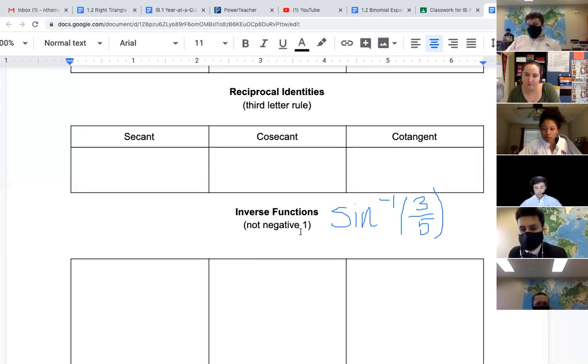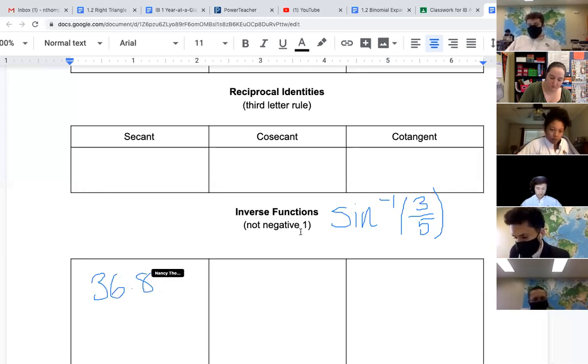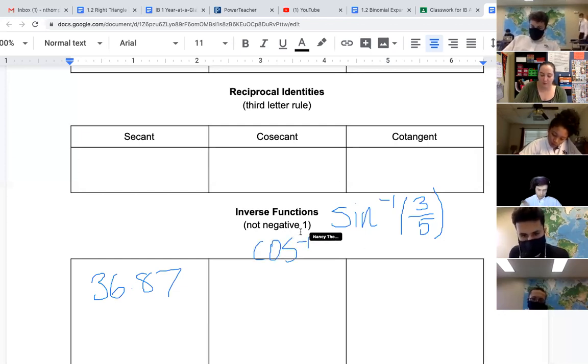Is that what everyone got? Right? Does that make sense? So you have sine inverse, cosine inverse, and tan inverse.